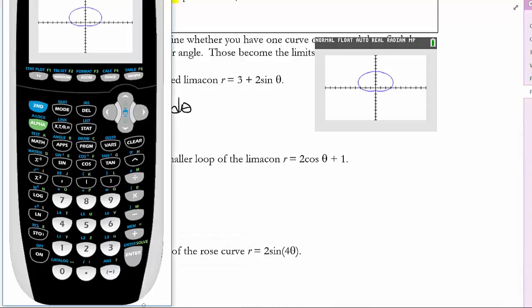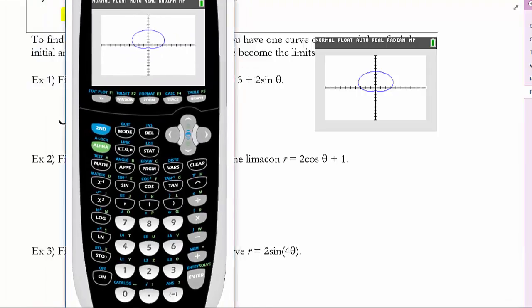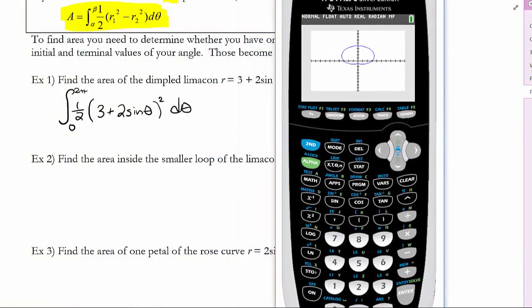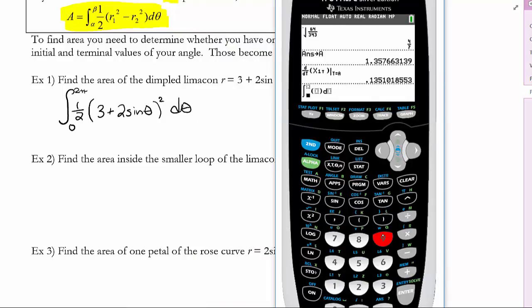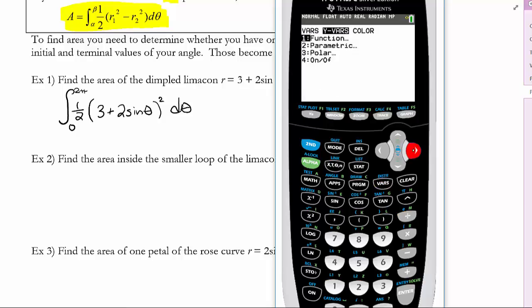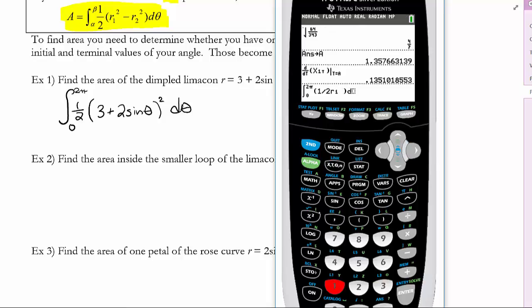And then from there I can do math 9. I'm going to do the integral from 0 to 2 pi of 1/2 r squared d theta.